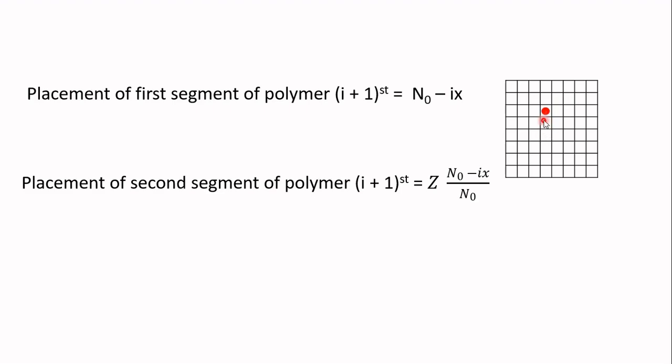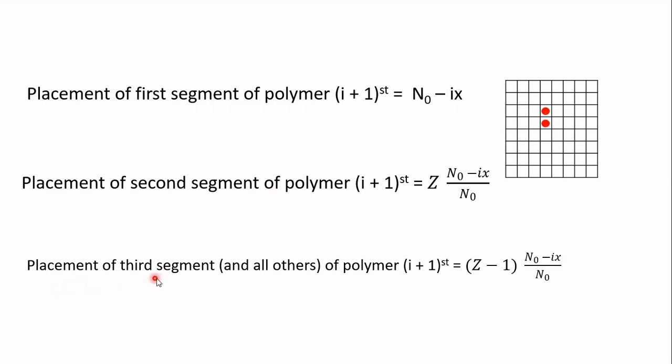It should be placed adjacent to the first segment because the polymeric chain has to grow. So the number of lattice points available for the placement of the second segment around the first segment will be denoted by Z, that is the coordination number. So we can place the second segment over here or here or here or here. I just consider we are placing the second segment over here.